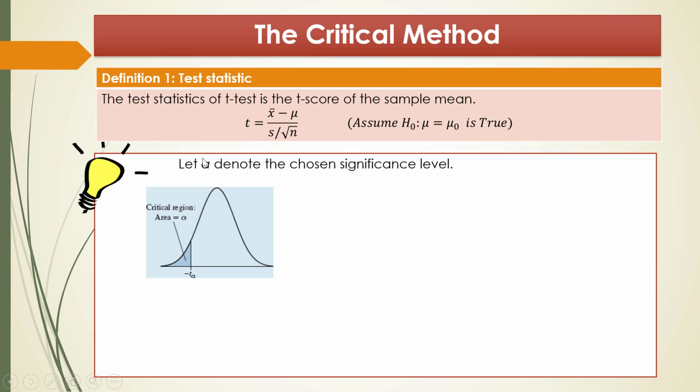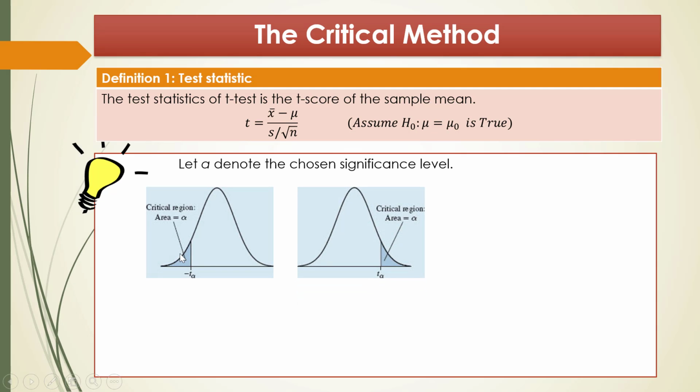So suppose we have a left-tailed test. The critical value should be minus t alpha, and the degrees of freedom is n minus 1. Suppose that the sample size is n. The critical region is the area to the left of the critical value under the student t distribution curve.